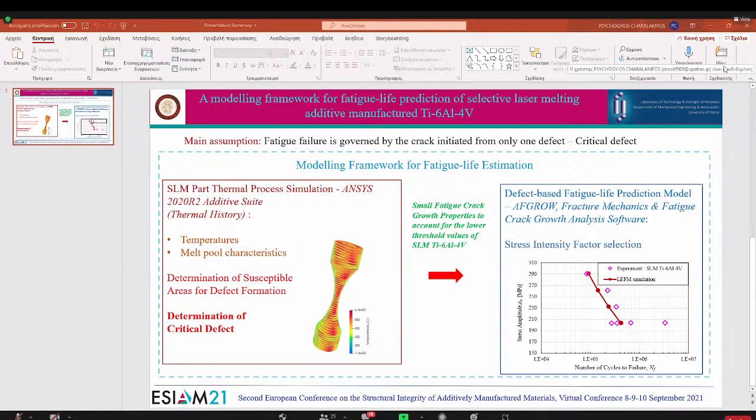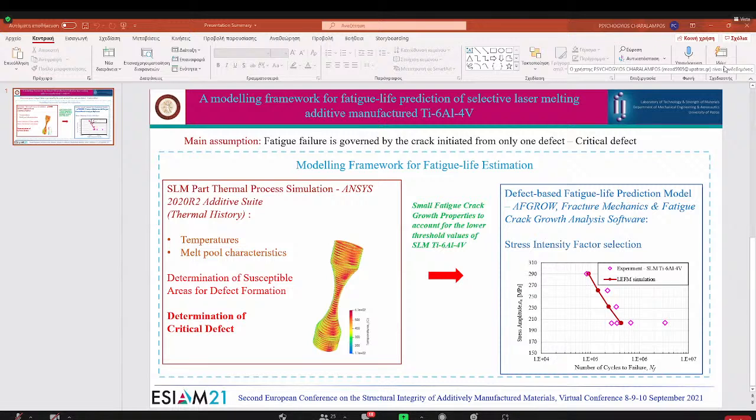From only one defect, the crack propagates until the final failure of the specimen. And I think that is the general trend of the literature results regarding the observation of experimental failure.